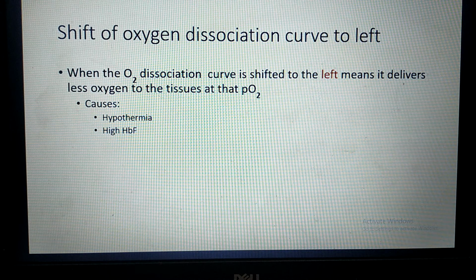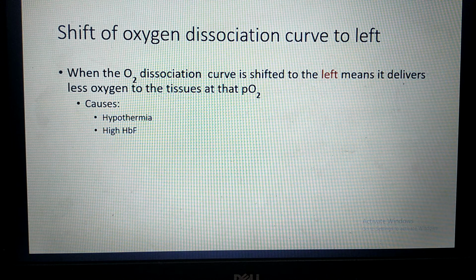When oxygen dissociation curve is shifted to the left, it means it delivers less oxygen to the tissues at that PO2. The causes may be hypothermia, presence of HbF. HbF means fetal hemoglobin. Why? Because whenever fetal hemoglobin is present, if you remember, fetal hemoglobin has 2 alpha chains and 2 gamma chains.